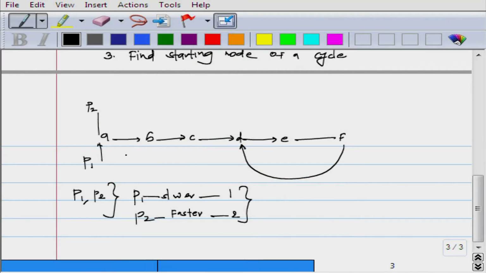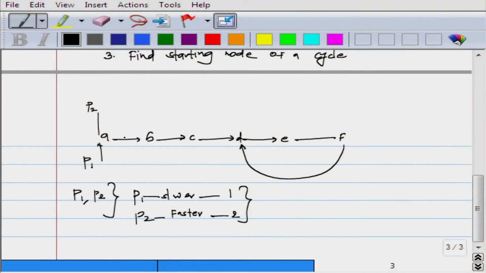So P2 is pointing to 1, 2, this node, am I right? And P1 will be at B. Then again I advance, P2 is going to point to E, and P1 is pointing over here.